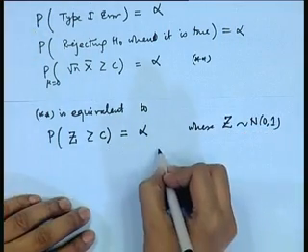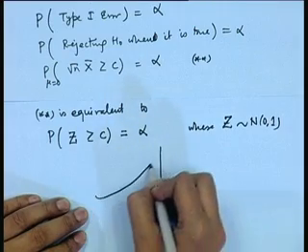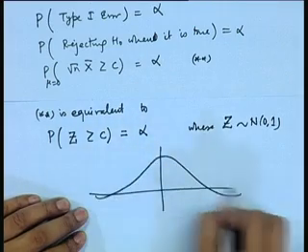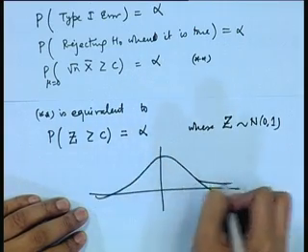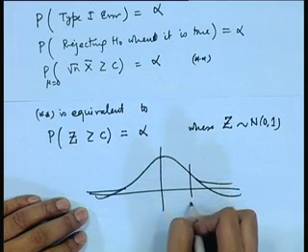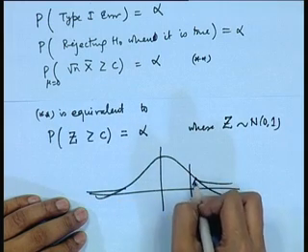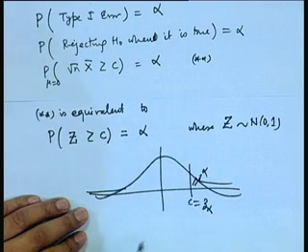That means, if we are considering a standard normal probability density function, then c is the point such that the probability beyond this is alpha. So, this is equal to Z alpha.